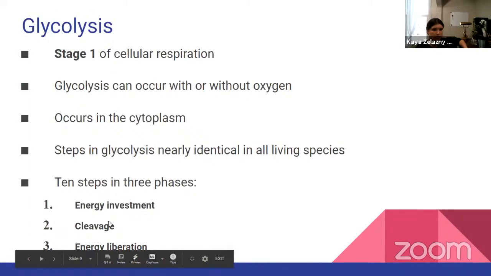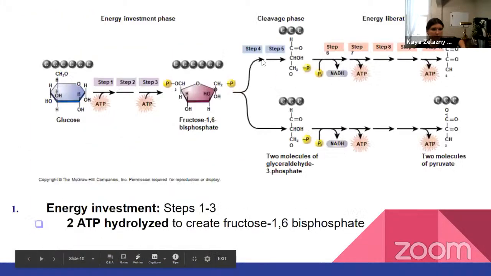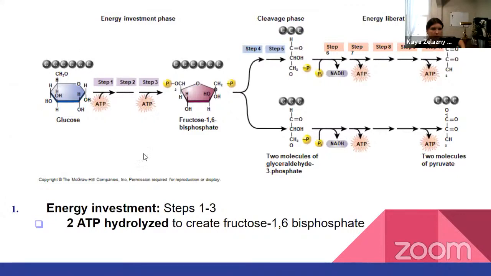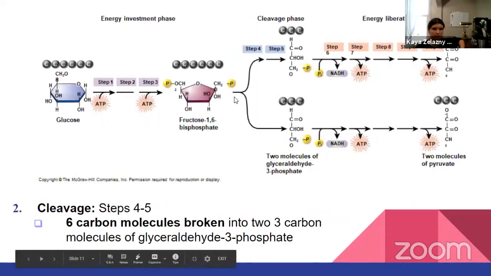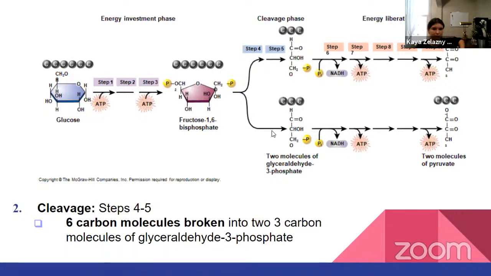Okay. So this breaks down the three phases, and this is what you're doing in your problem set. I'm not going to speak about this much because you're going to run through it right now. Basically, we have a part where we put in ATP to prep this stuff. We then break a 6-carbon molecule apart, and then we get some ATP out of it, and we charge up some of these electron carriers that are going to continue in our process. Cleavage is where we're breaking our molecule.